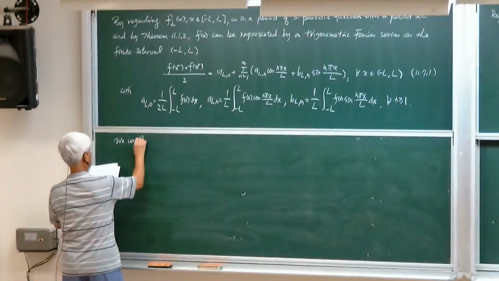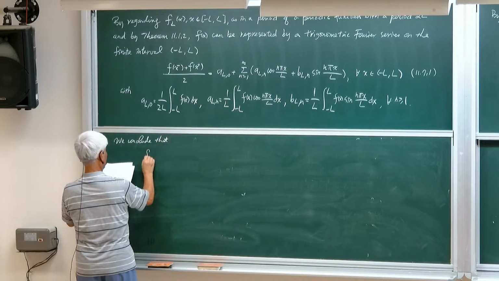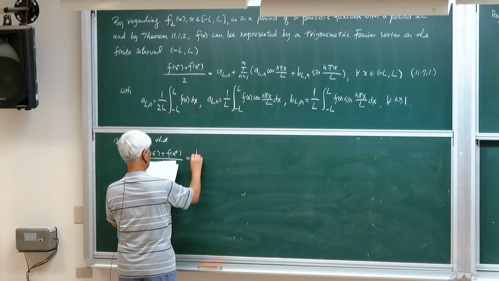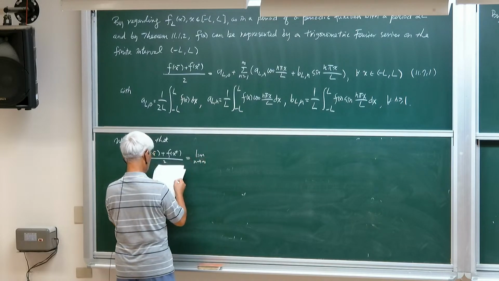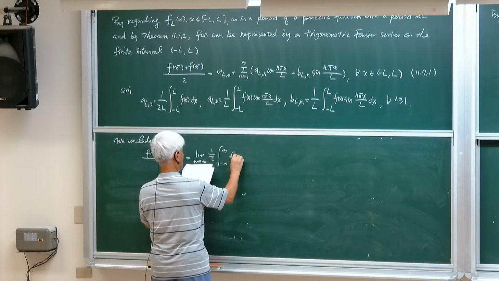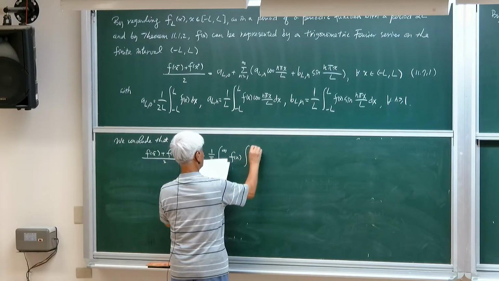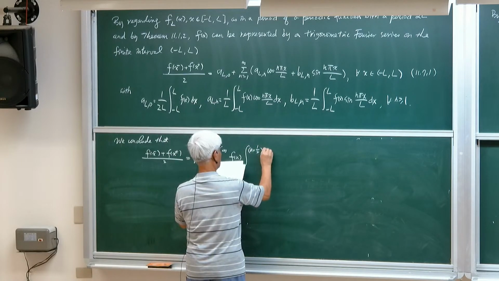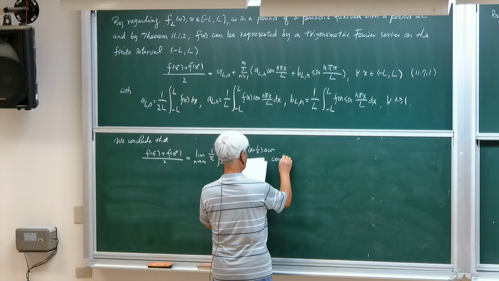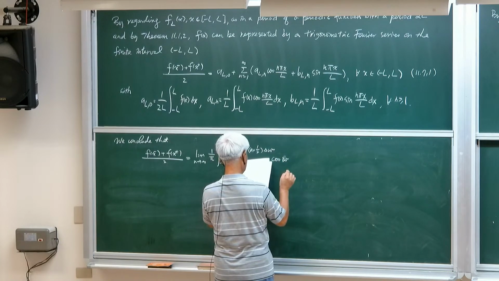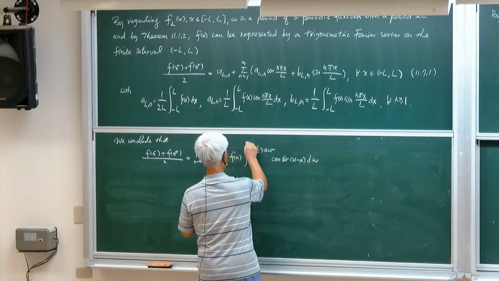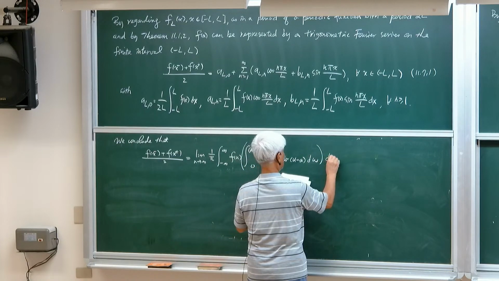So we conclude that f of x minus plus f of x plus, divided by 2, is equal to the limit as n goes to infinity of 1 over pi, integral from minus infinity to infinity of f of u, integral from 0 to n plus 1/2 delta omega of the cosine of omega times u minus x d omega, and du.